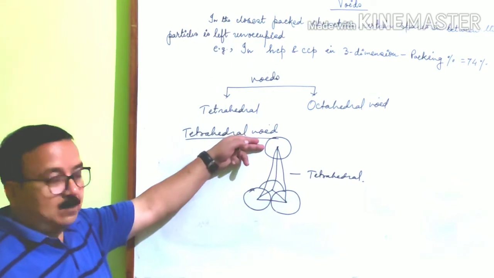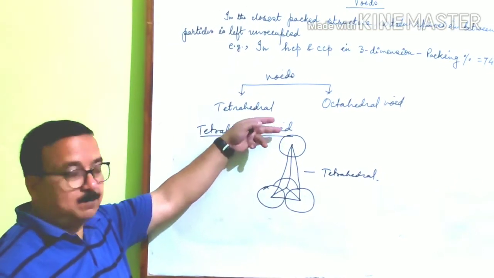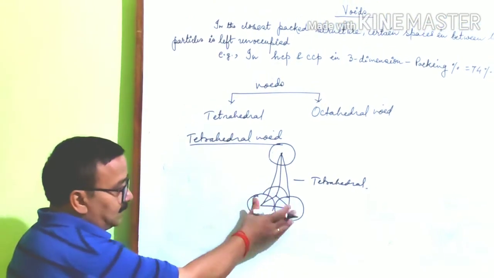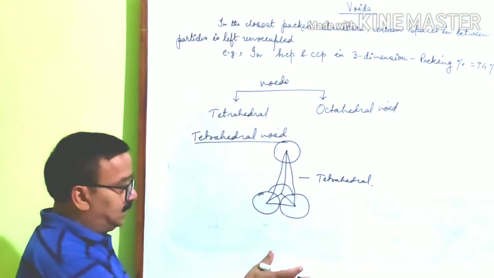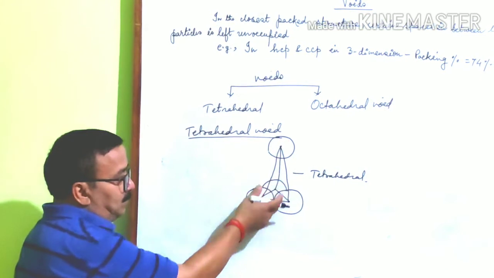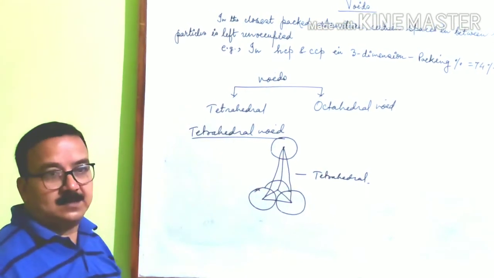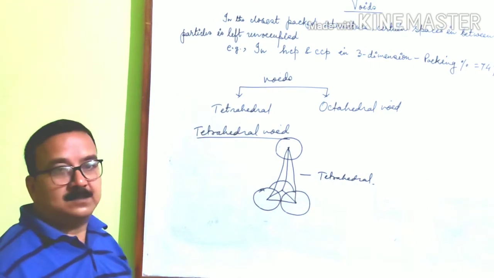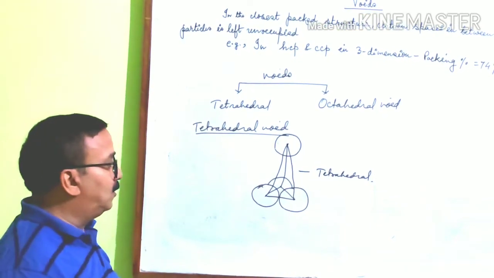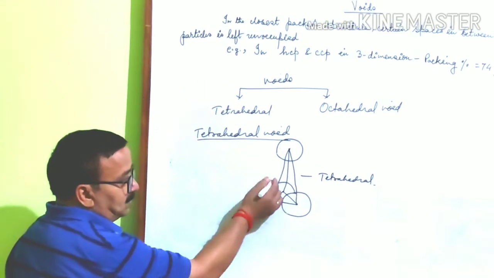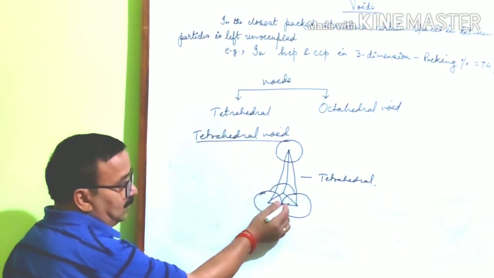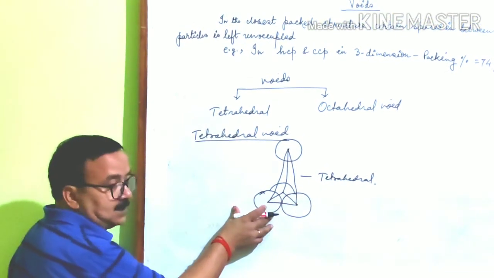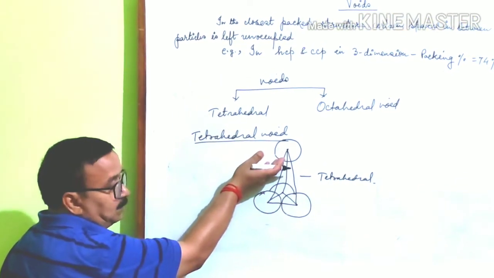The center of the sphere placed above, that is in the second layer, and 3 spheres are in a different layer. In between these 4 spheres there is a vacant space. That vacant space is known as tetrahedral void. So we can observe that a tetrahedral void is formed here between this fixed layer and the sphere placed above this layer.